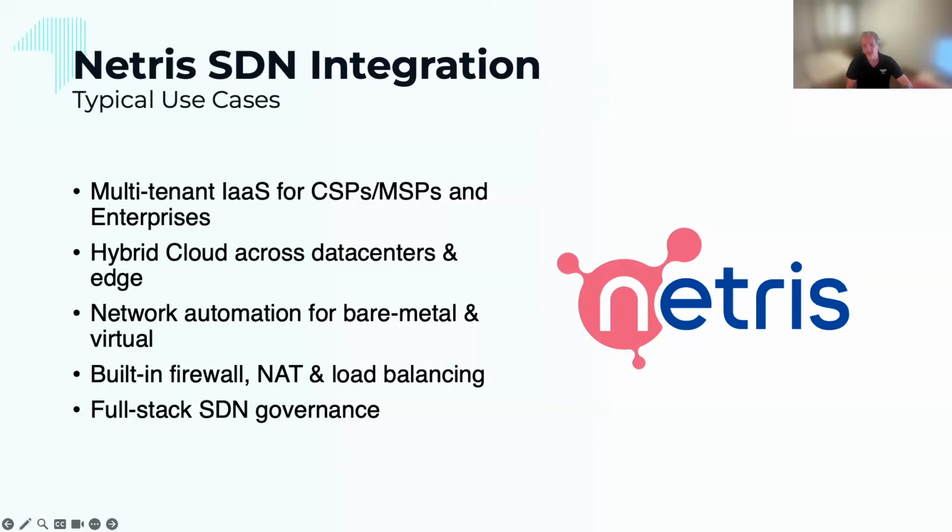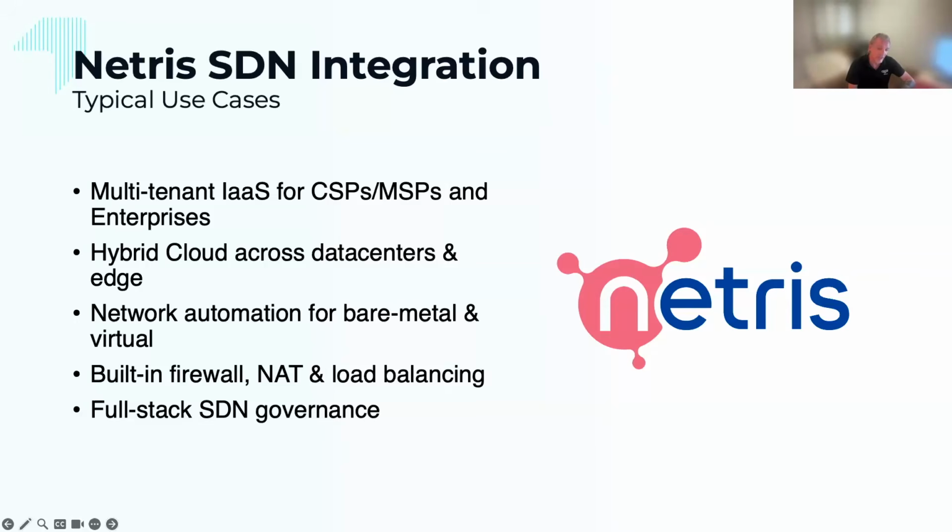This is a new network integration, a new SDN integration that enables organizations to use Netris with the KVM hypervisor. So it enables full-stack software-defined networking with native API-level control between CloudStack and the Netris controller.